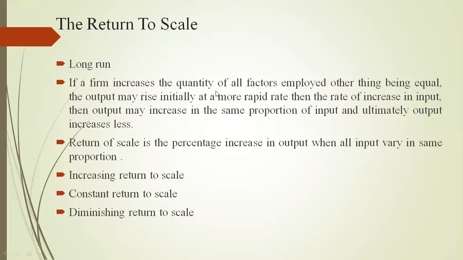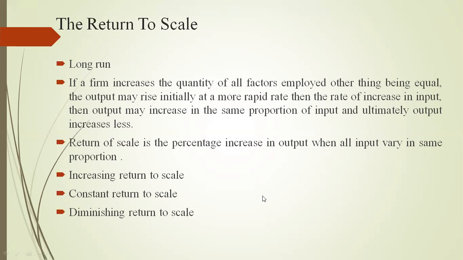So if a firm increases the quantity of all factors employed, other things being equal, the output may rise initially at a more rapid rate than the rate of increase in the input. Then output may increase in the same proportion as inputs, and ultimately output increases less.